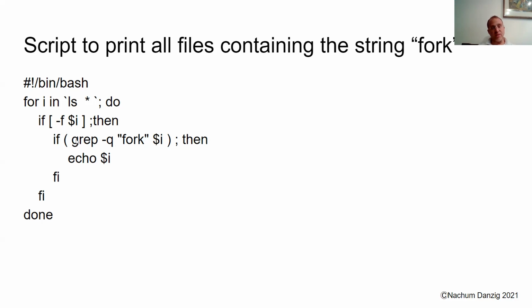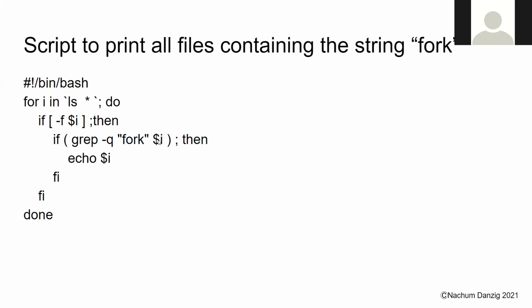So this parentheses will resolve as either true or false, because I did quiet here. Now normally grep, as we saw, gives you the actual string that you're looking for. So I was saying, if I can successfully grep the word fork from inside the file that I got, that's stored now in $I.